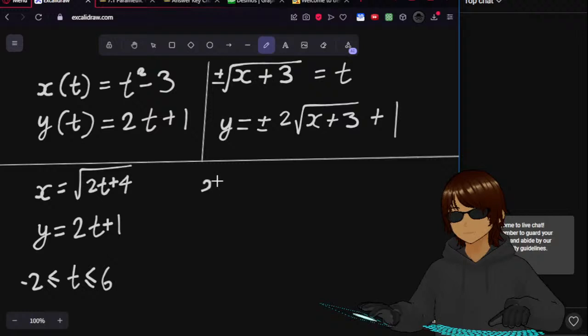So x squared minus 4 over 2 is equal to t, y is equal to the 2 and 2 cancel, x squared minus 4, x squared minus 3.